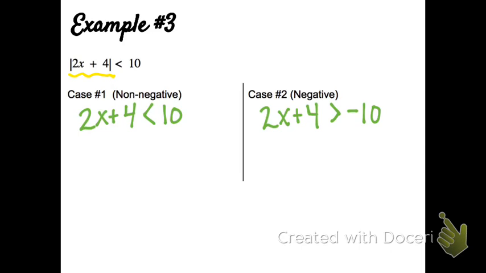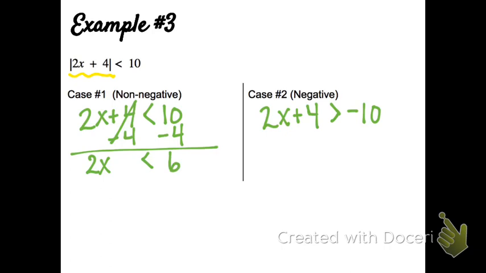You want to move things away from the x, away from that variable. You always undo, let's undo that +4. And you can do that by subtracting 4 from both sides. I just subtracted so the inequality symbol stays the same. It's still less than, but 10 minus 4 is 6.